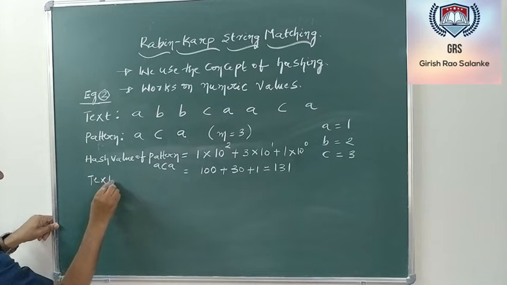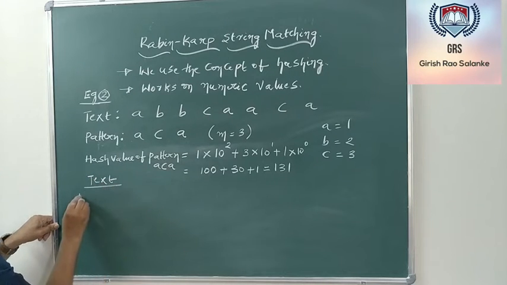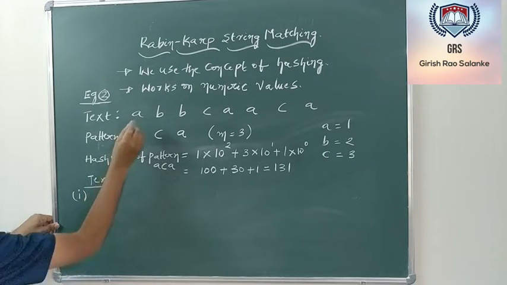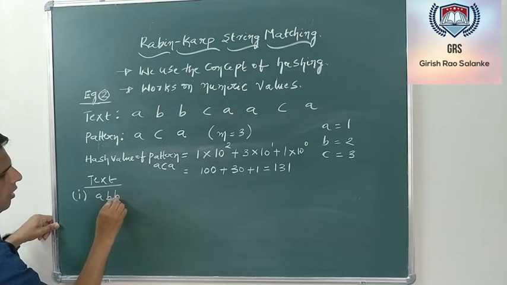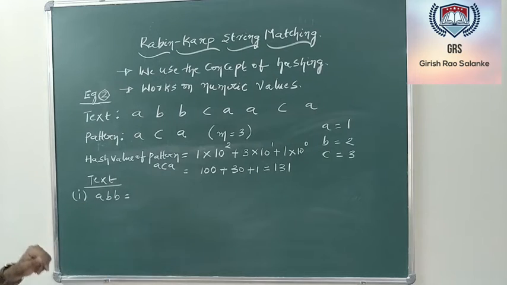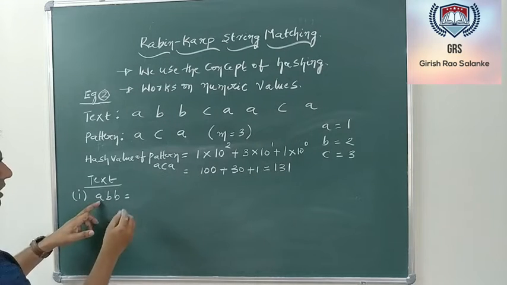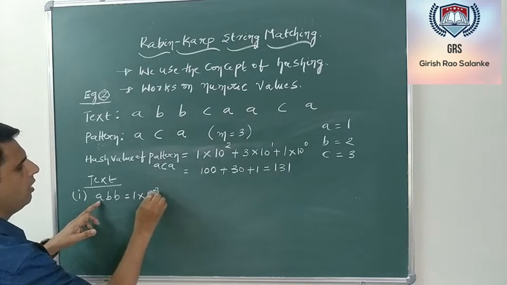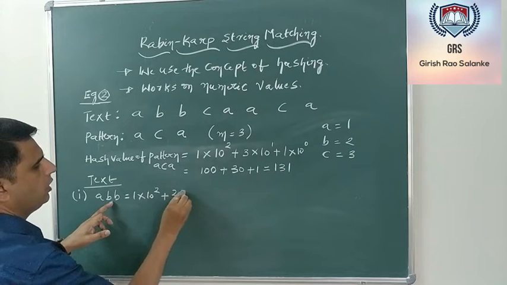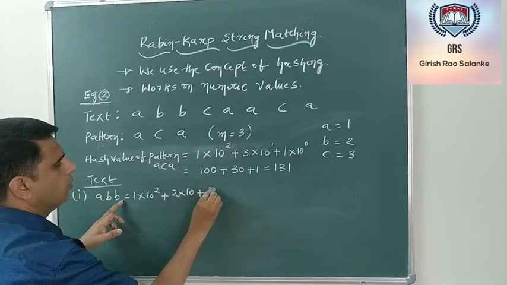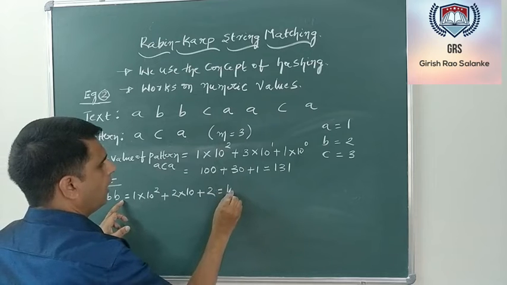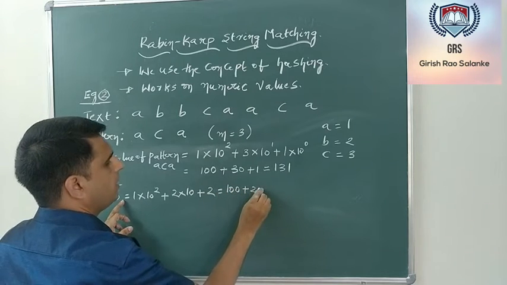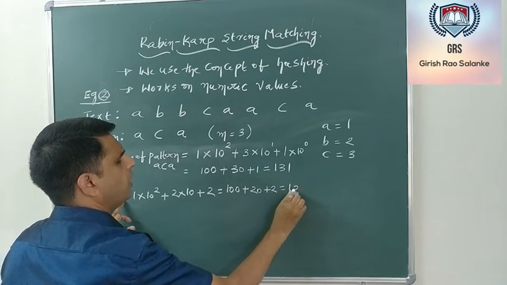Let me construct the hash value for ABB. For ABB, the hash value is 1 into 10 square plus 2 into 10 plus 2, which is 100 plus 20 plus 2, which is 122.